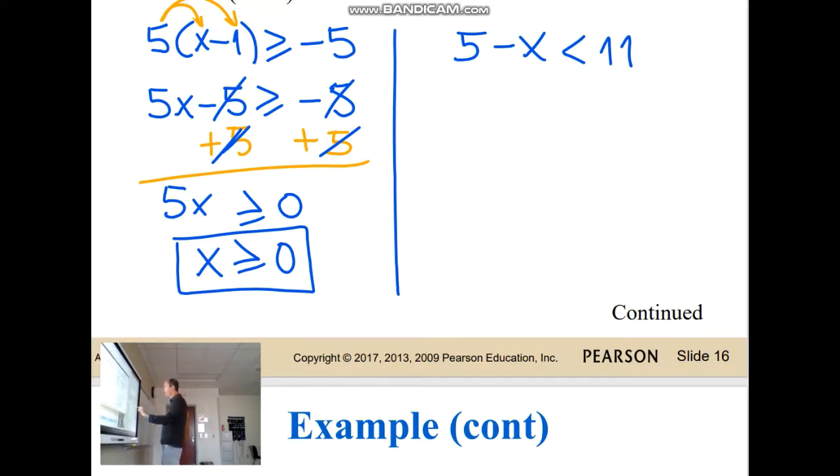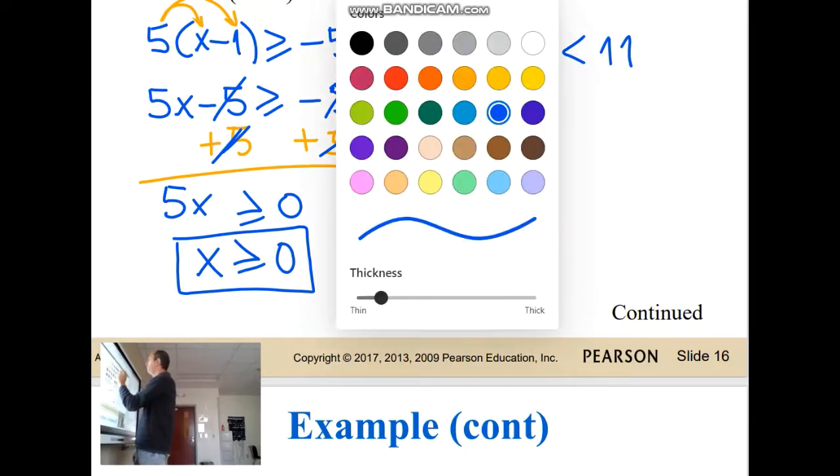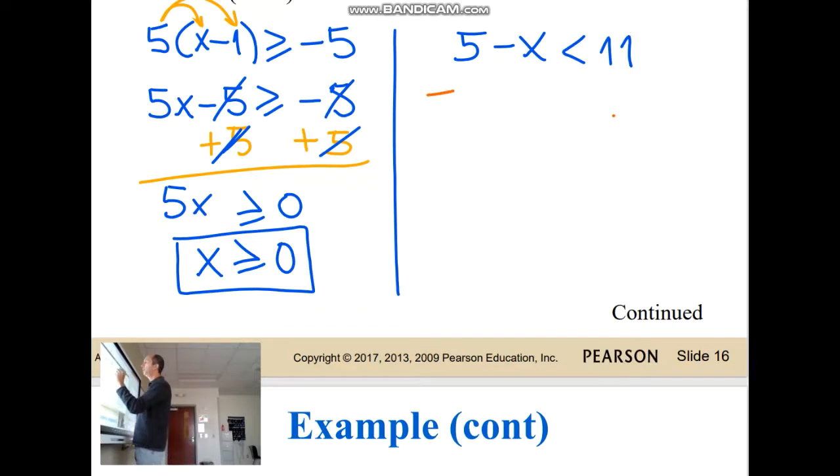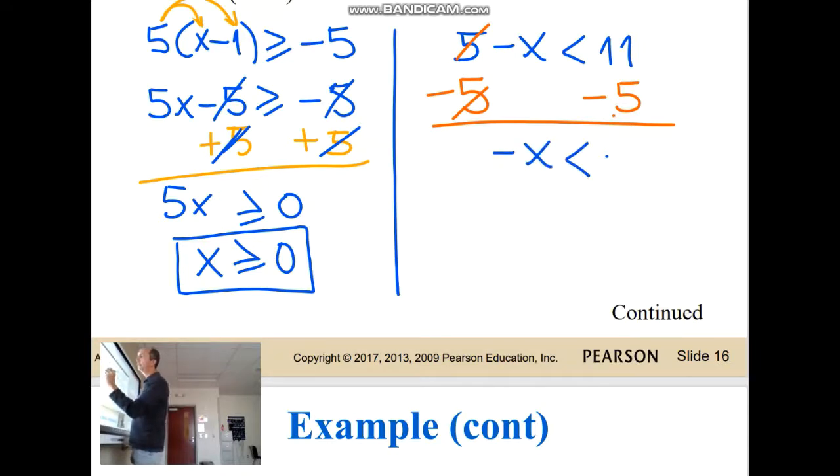And on the other side, simplify. We will apply addition property again, adding negative 5 on both sides, you might say. So negative x is less than 11 minus 5, 6, right?